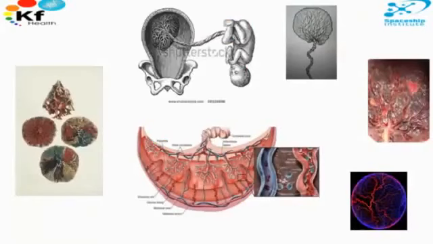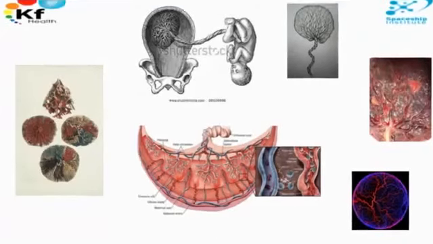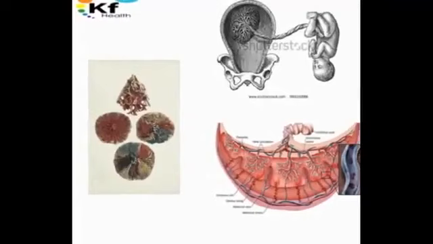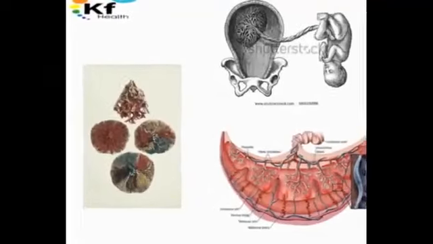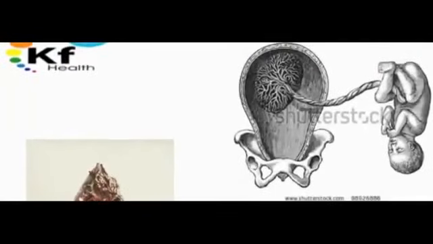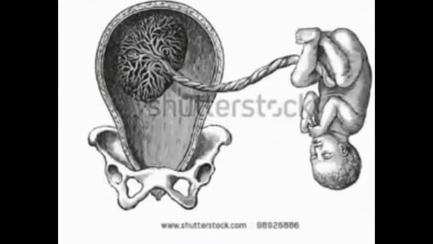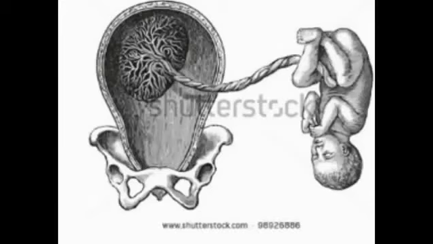Okay, then we go to the next slide. The next slide is a slightly different correlation. This is a representation of the placenta and uterus. Actually, the placenta and the circulatory system inside of the placenta are the same as the circulatory system inside of the retina.